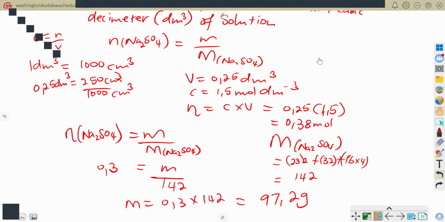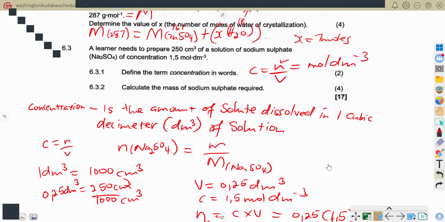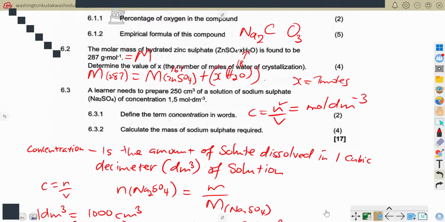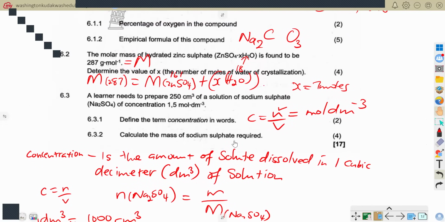So just make sure that you are calculating the mass of the given compound. Now let's go to the next question.